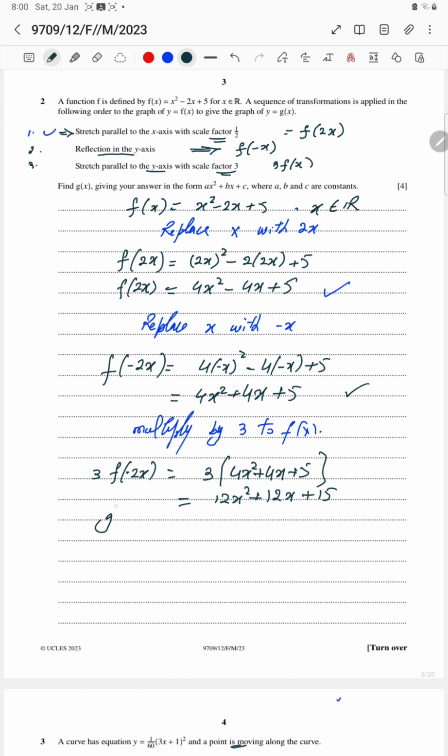It means this changes into g of x. g of x is given as ax squared plus bx plus c. We have to show our result in this form, where a, b, c are constants.